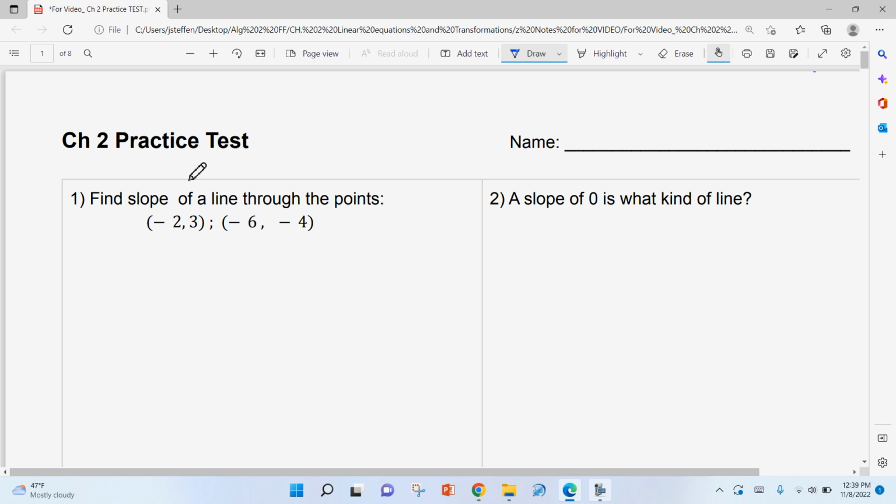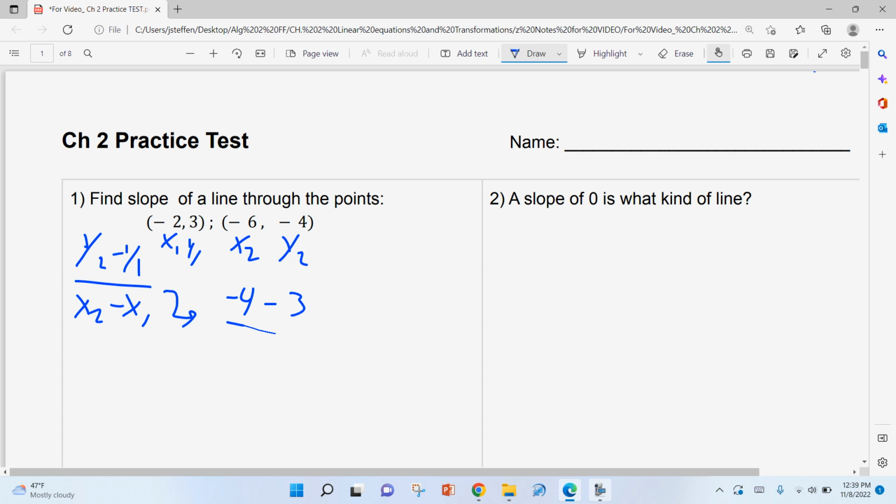So the first one, find the slope of the line through these 2 points. So we're using the formula y2 minus y1 over x2 minus x1. So this is my x1 and y1. This is my x2 and y2. So this formula, I'm trying to not be too sloppy here, is -4 minus 3 over -6 minus -2.